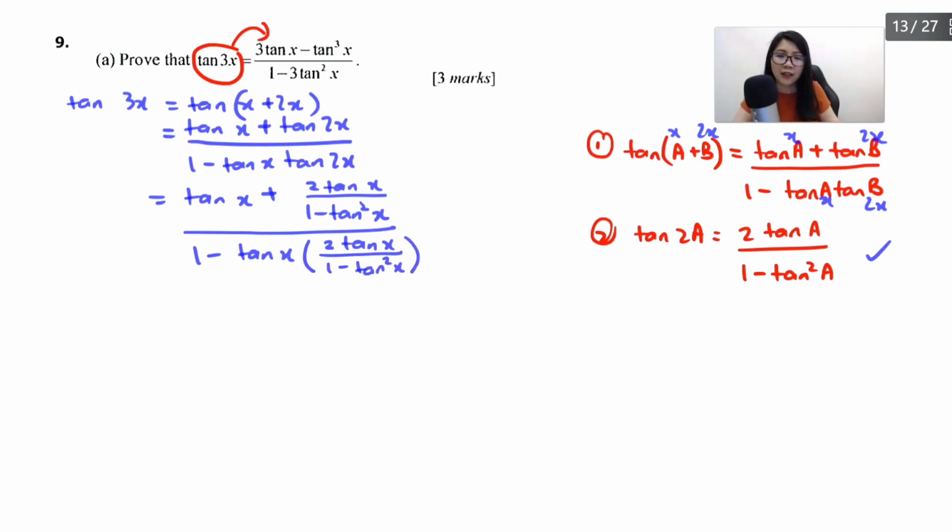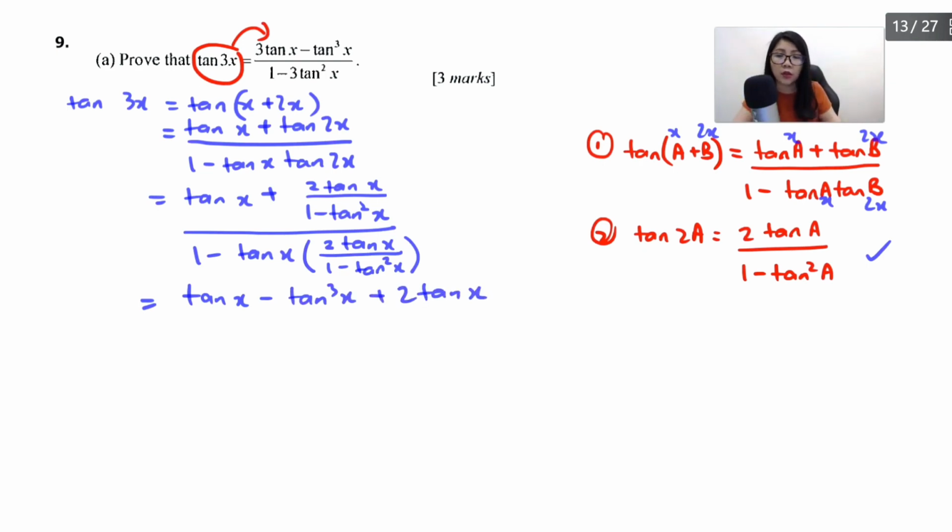Then I'll make the two denominators equal for the top. So it will be 1 tangent x, then minus tangent cube x, then plus 2 tangent x.